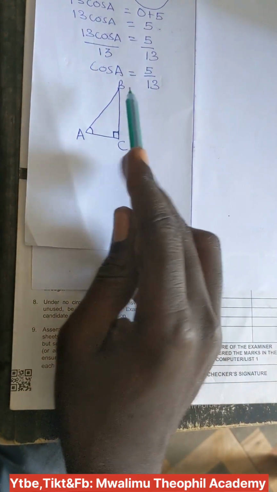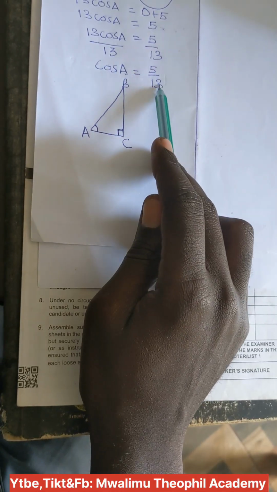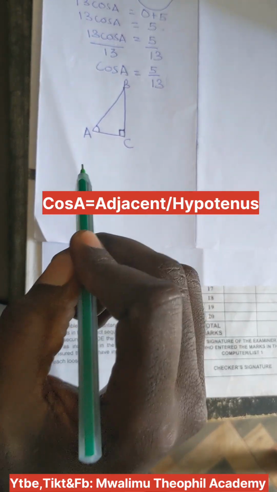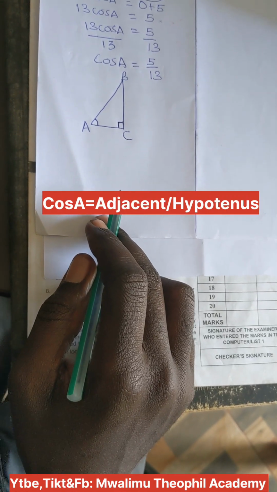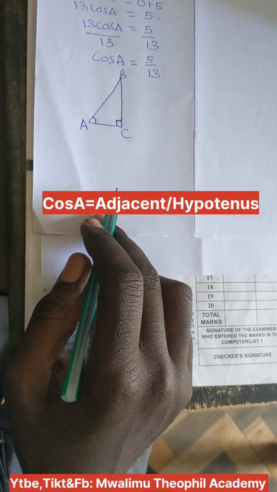Remember, here we already have cos A, which is equal to 5 divided by 13. But we know that cosine of a given angle is equal to adjacent divided by hypotenuse.